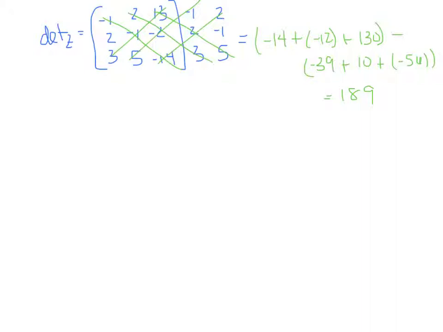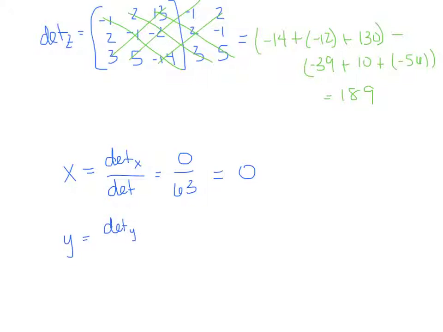So to put this together, to find x, we're going to take the determinant of x over the regular determinant. The determinant of x was 0. The regular determinant was 63. 0 divided by 63 is 0. To find y, we're going to take the determinant of y divided by the regular determinant.